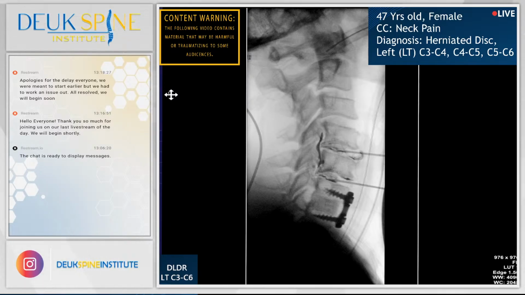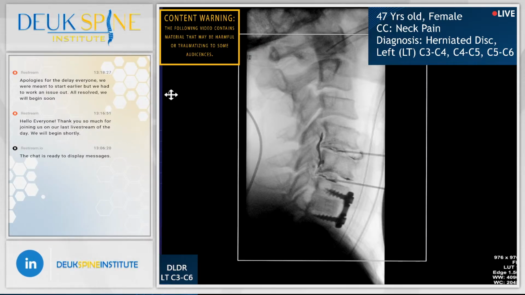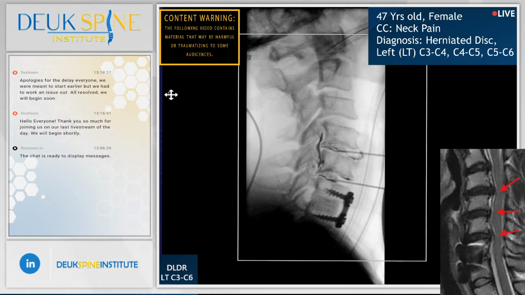That's awesome. Welcome back. We are going to be repairing 3 herniated discs in our patient from New York. The first is going to be the bottom disc right above her fusion, C5-6, and then we're going to repair the disc above that. She's got basically 4 more herniations.